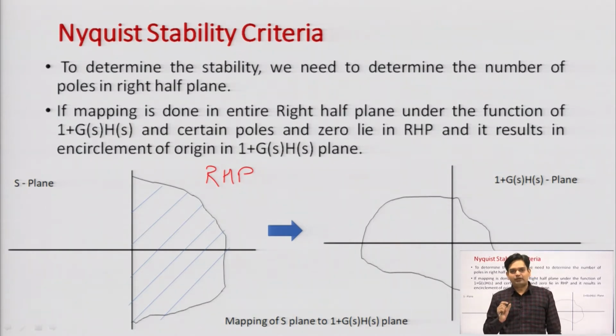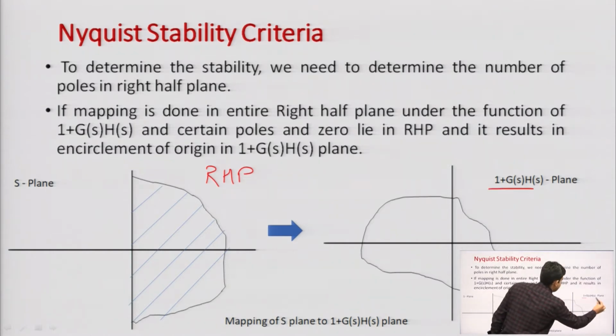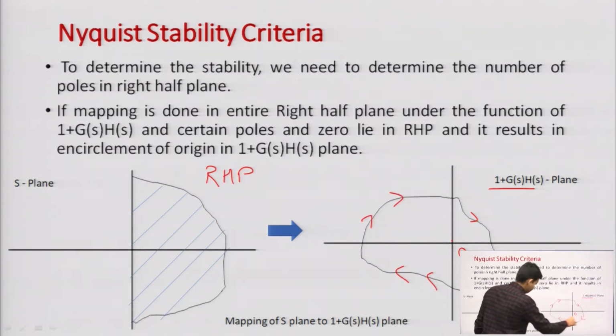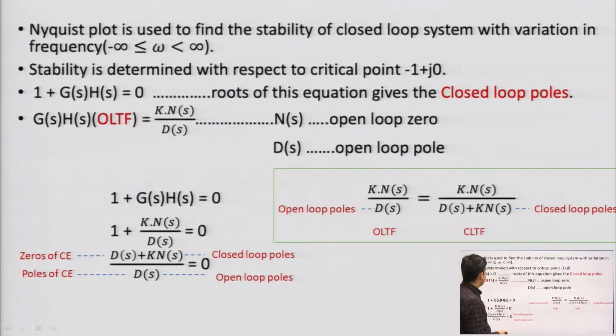If any pole is lying in the right half plane, then in the 1 plus GS HS plane a contour would be there which will encircle the origin. So, the number of times this contour encircles the origin will tell us the number of poles lying in the right half plane. Okay.